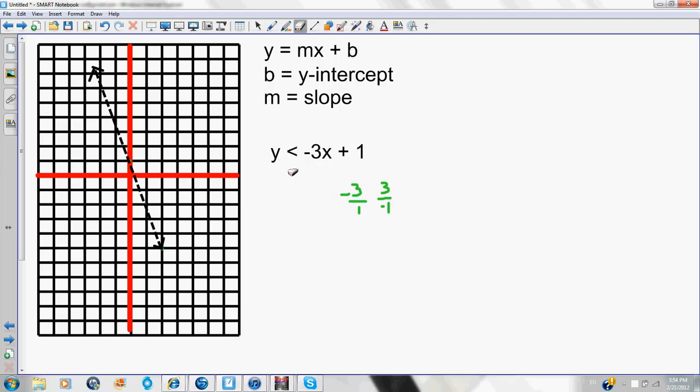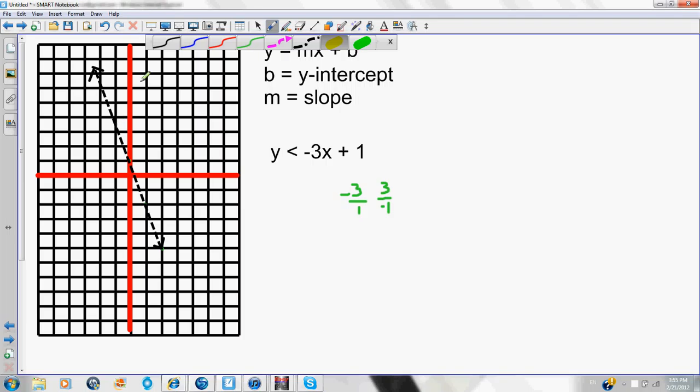Now, it says is less than. When it says is less than, that means that you graph below the line. If it said greater than, you would graph above the line. So let's graph below the line. So let's grab this color. Which one is above and which one is below the line?